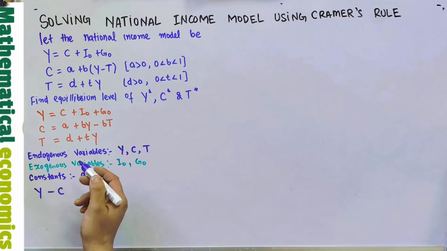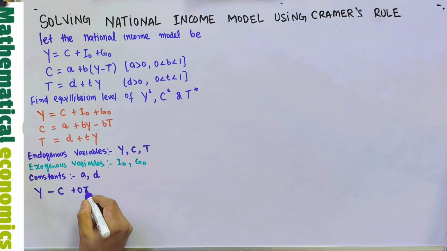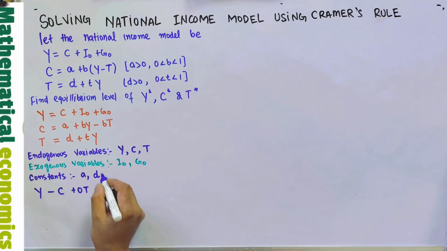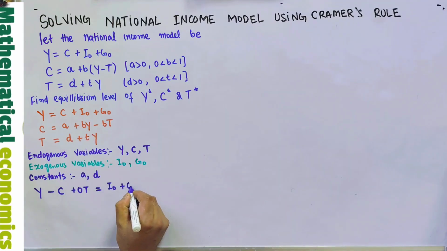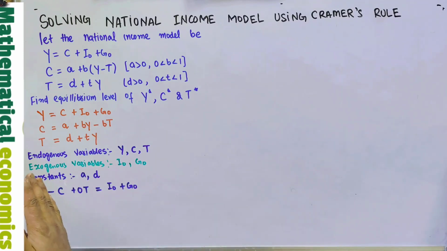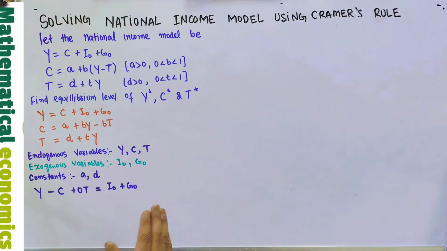Then I add 0 times t, and it should be equal to I naught plus g naught. What I am doing here is moving all my endogenous variables to the LHS and the exogenous variables or constants to the RHS.